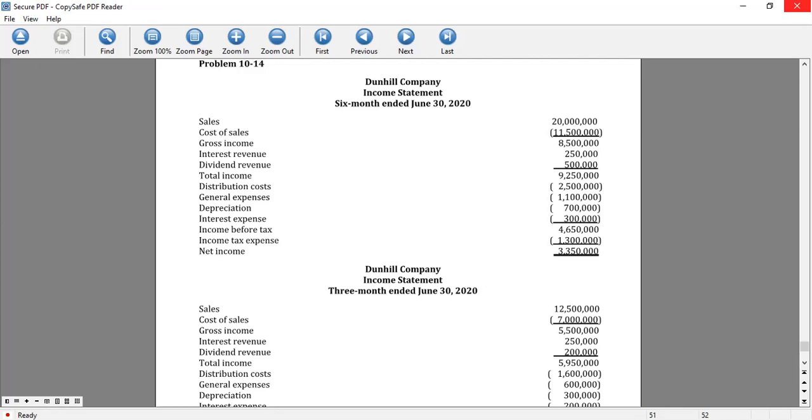Then cost of sales in the amount of 11.5 million minus 4.5. So that gives us the difference of 7.5 million. That's your cost of sales for the 3 months.